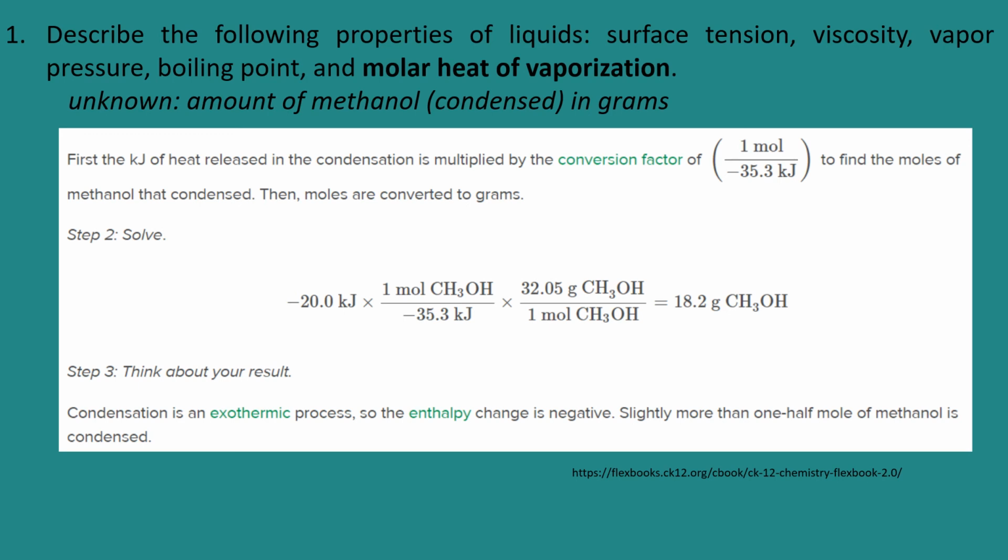If you compare it to the original amount, slightly more than 1/2 mole of methanol is condensed. If you refer to 18.2 grams and 32.05 grams, it's slightly more than 1/2 mole of methanol, which was condensed into the atmosphere.